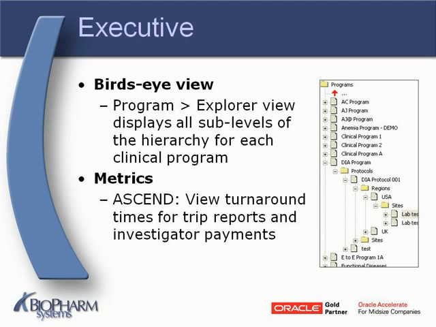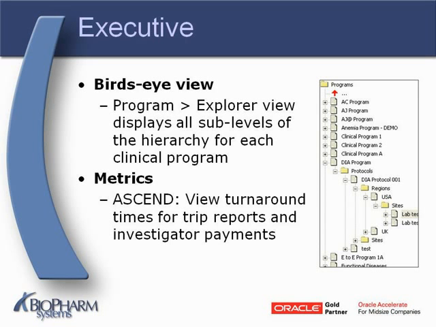So the system really allows great visibility to executives at that clinical program level to be able to see how everything rolls up and what the current state of that program is, but also the ability to dive into the details as needed to see the details that are behind that roll-up.